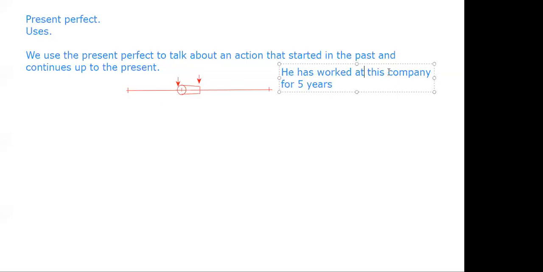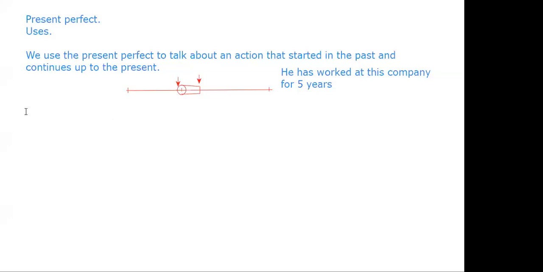So he has worked at this company for 5 years. Like for example, me, I have worked for Mesit for 4 years. So it means that I started there and today I continue working there. Well, I am here, right? So that's one of the uses.